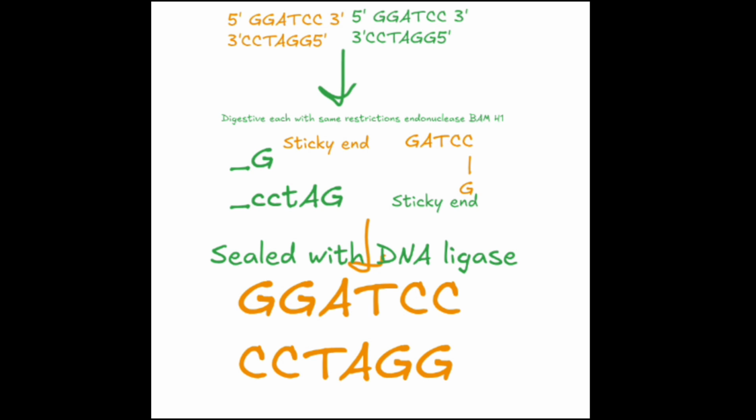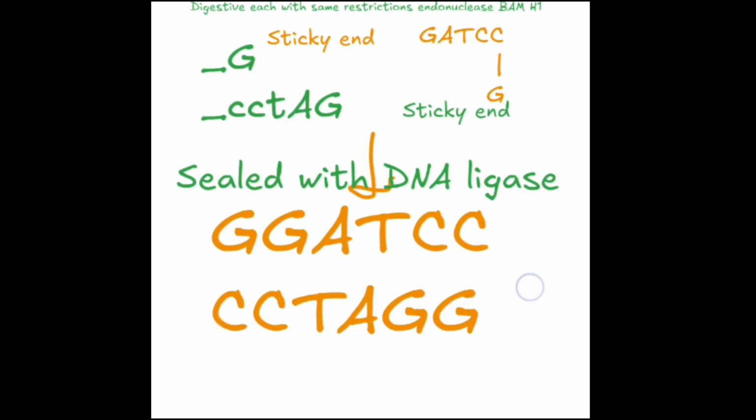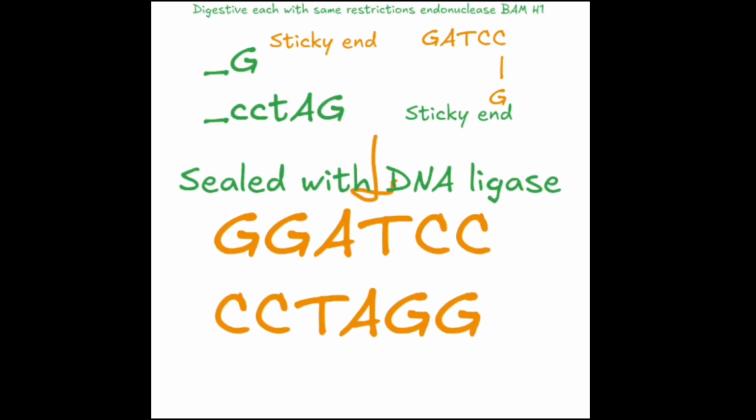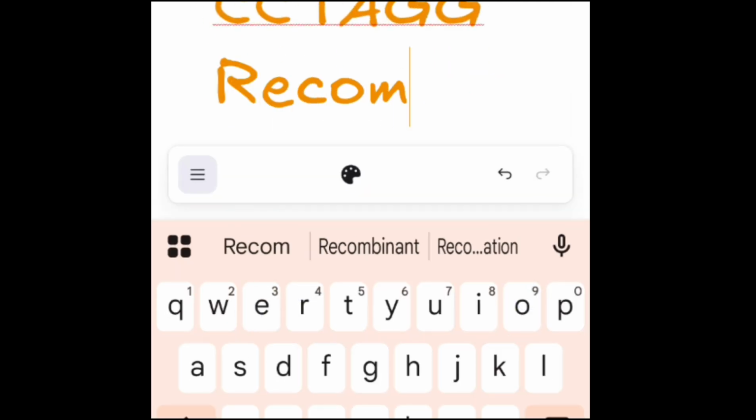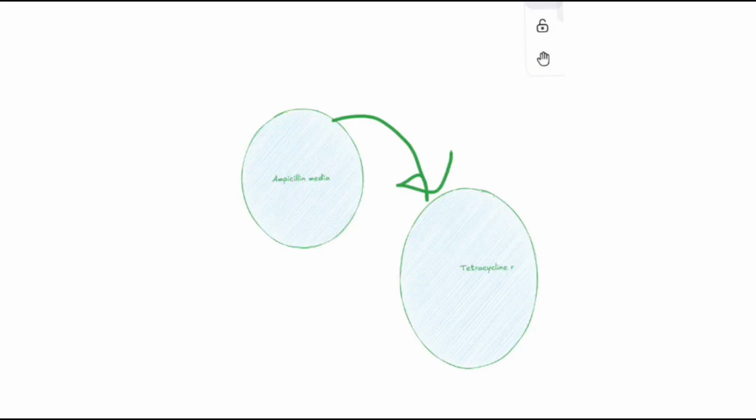For example, you can ligate a foreign DNA at a BamHI site of the tetracycline resistance gene in the vector pBR322. The recombinant plasmid will lose tetracycline resistance due to insertion of foreign DNA, but can still be selected out from the non-recombinant ones by plating the transformants on ampicillin containing medium.